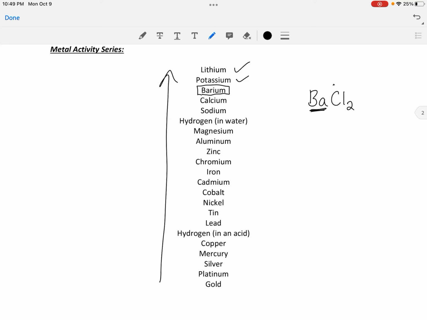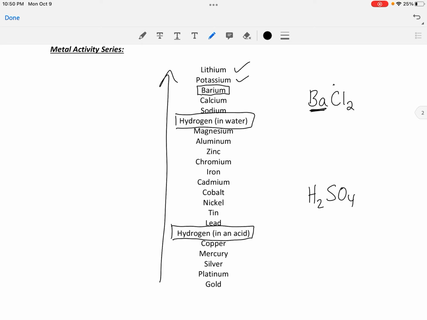Now notice you'll see hydrogen shows up here twice, right? So here's hydrogen in water, and here's hydrogen in an acid. What this is telling you is that hydrogen in an acid is easier to bump out. So say you have something like sulfuric acid, H2SO4, that's sulfuric acid right there.